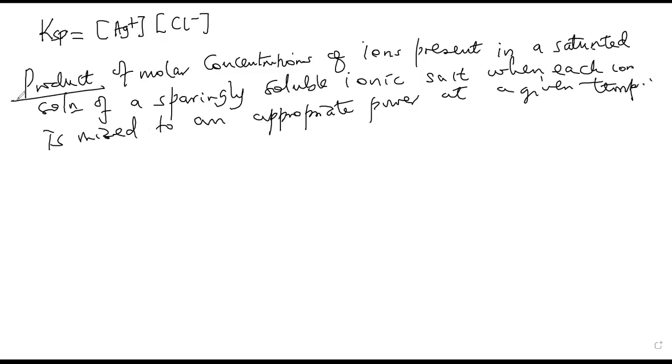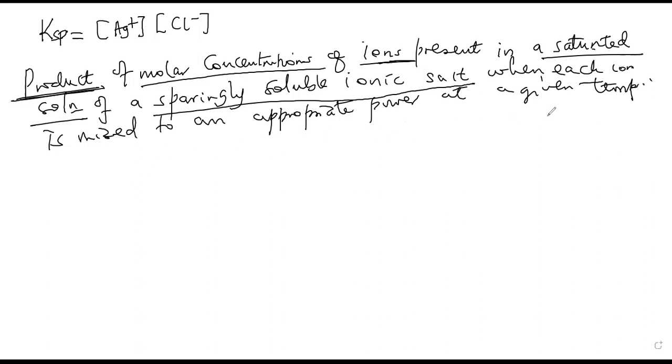So the solubility product is the product of molar concentrations of ions present in a saturated solution of a sparingly soluble ionic salt when each ion is raised to an appropriate power at a given temperature. That is the definition of solubility product.